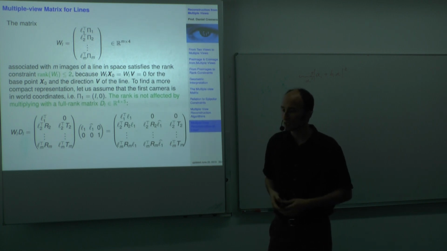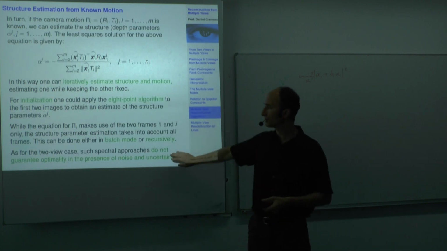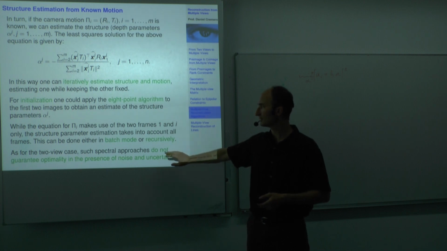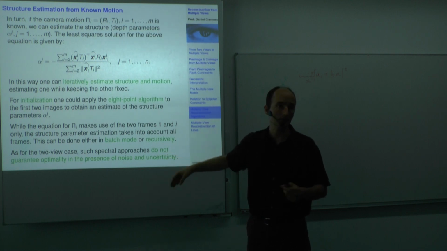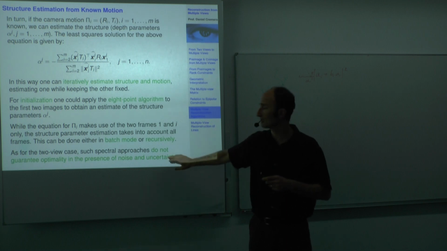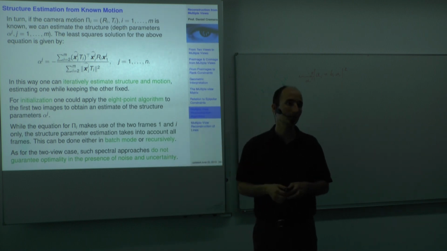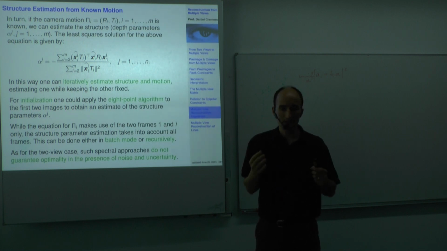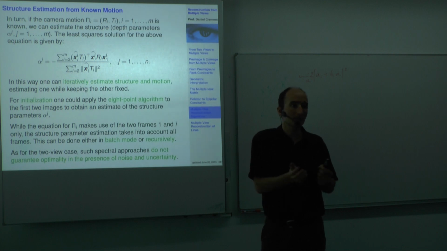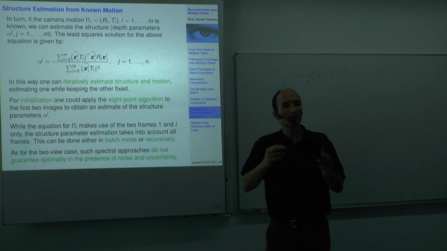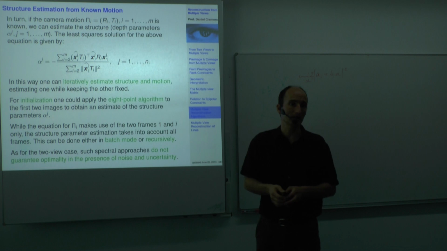So that you can do, but you see there are two drawbacks here. One is that it's not statistically optimal. Once you have noisy data, the question is how well does it perform? And secondly, it is an alternating approach. The 8-point was not alternating. The 8-point is a solution for the camera that doesn't depend on structure, and once you have the camera parameters, you can estimate the structure.